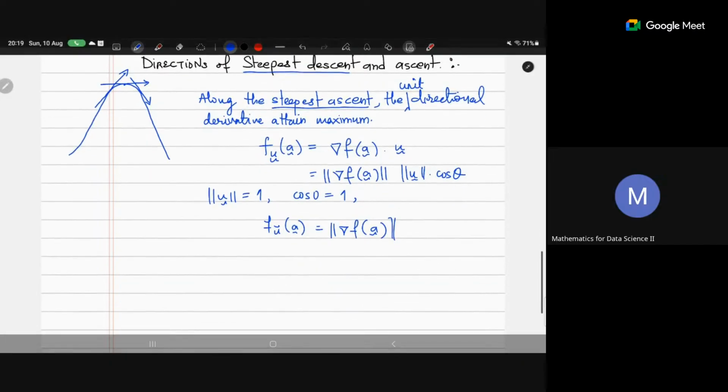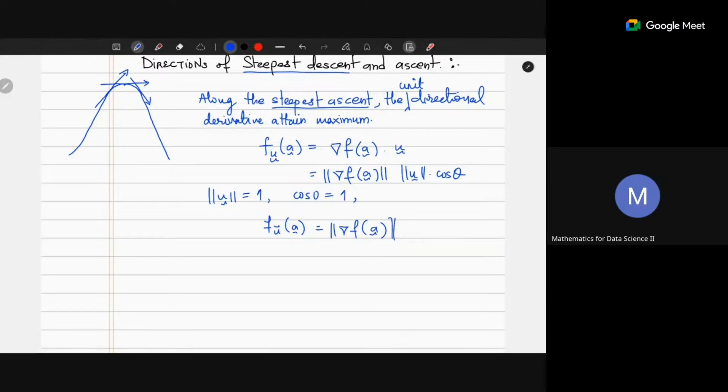What do we understand from this? The gradient direction, let's say this is the gradient direction, and the direction of the directional derivative are in the same direction. So the unit direction vector is also in this direction, for the steepest ascent.